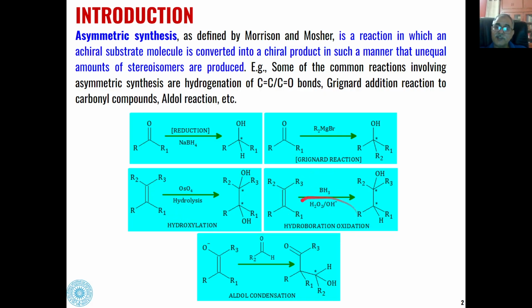Then hydroboration oxidation reaction can produce this type of products with chiral centers, where an achiral substrate has produced chiral products. Then aldol condensation can also lead to the formation of chiral products, and this can also be an example of asymmetric synthesis.